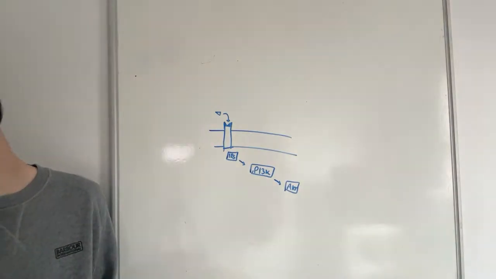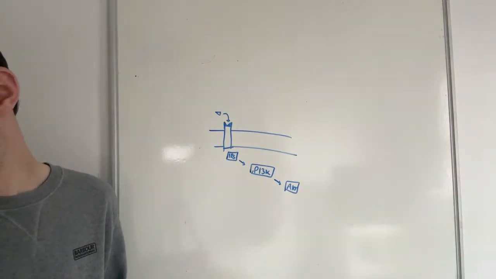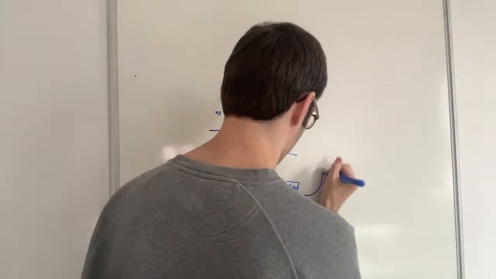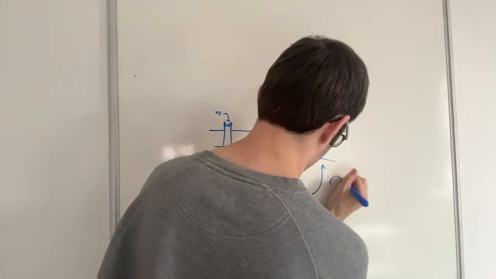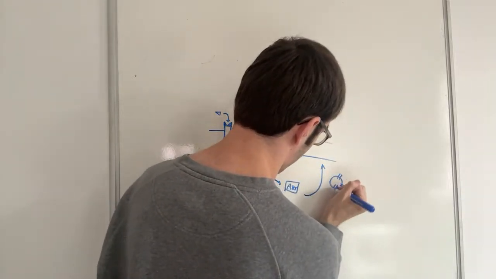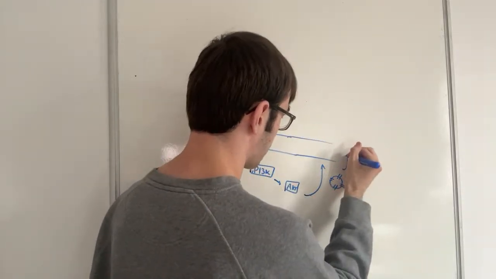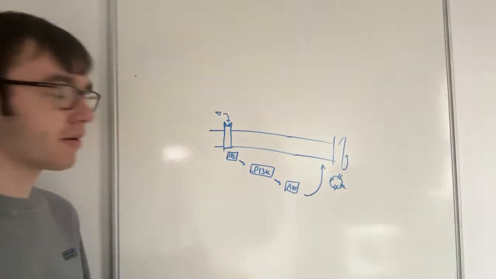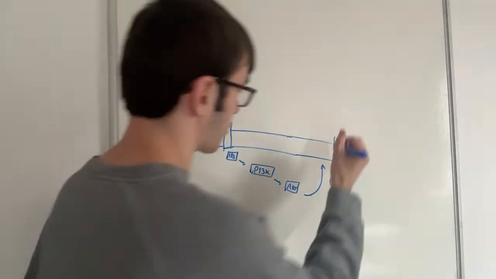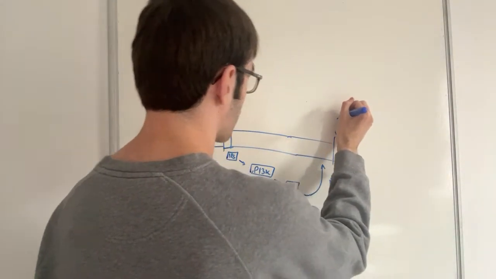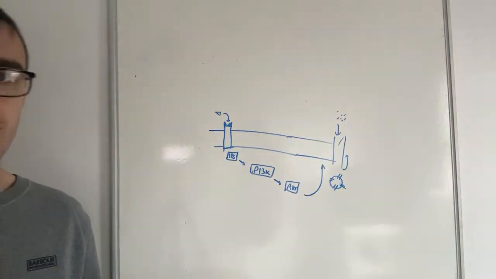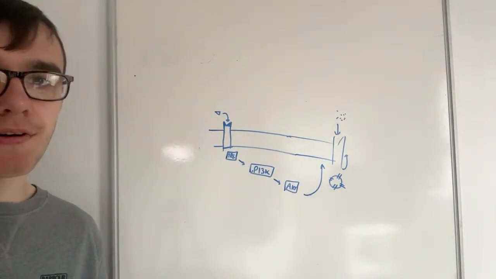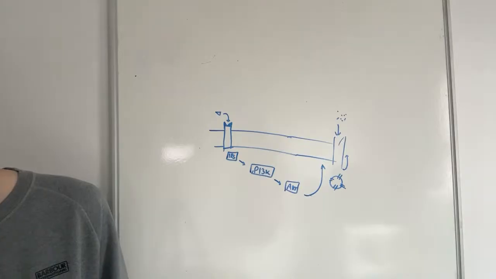And AKT stimulates the movement of vesicles that contain channel proteins. So this is a vesicle with channel proteins in it, which will obviously fuse with the membrane, allowing glucose to enter. So this is just the secondary messenger model. That's fine.